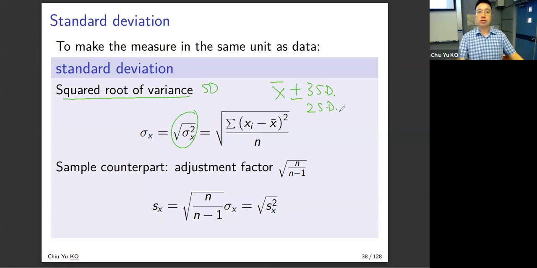So SD is good because it's in the same unit, so you can add and subtract. Basically, you calculate the mean and look within 2 SD or 3 SD. That's basically where the data is. If things are beyond 2 SD or 3 SD, that is very rare. That is similar to what the government says, that rain like this happens only once in 300 years.